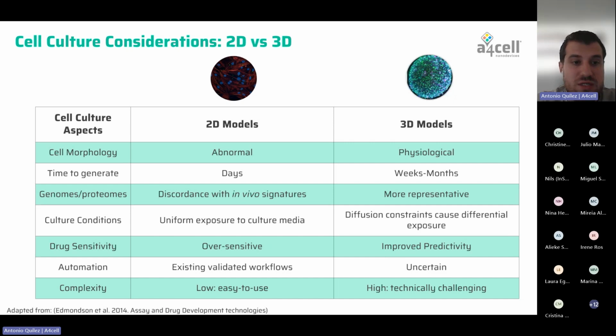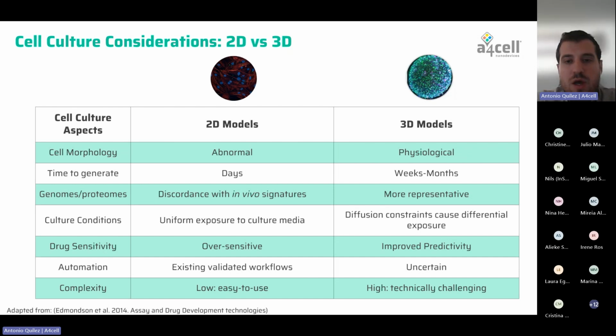So first one is the cell morphology. In 2D structures, they have a morphology which is abnormal. They tend to spread to be flat. Their thickness is very, very low, and they have some kind of protrusions that normally don't happen in such a large quantity or size in vivo.